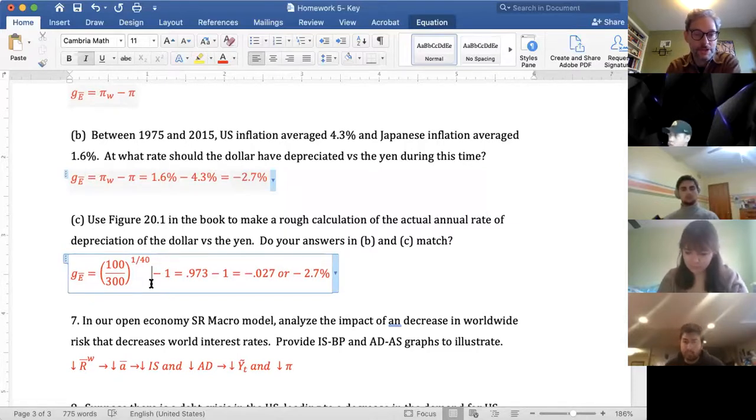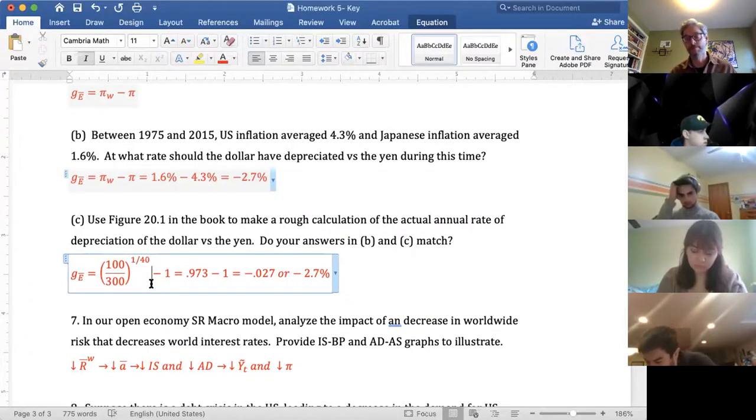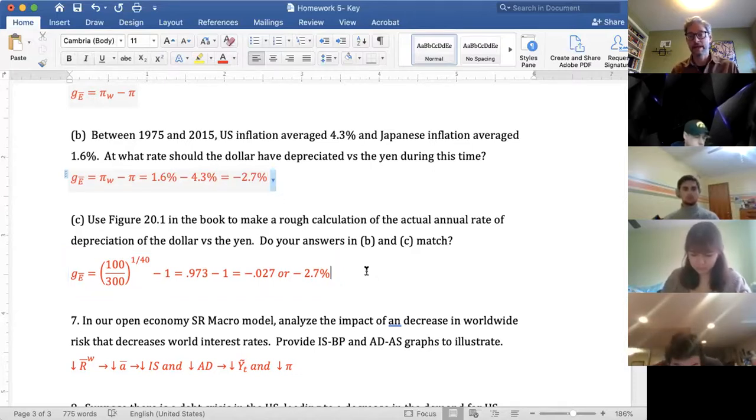But if you just see how much the exchange rate changed over the 40 years using our implied growth rate formula, you see it's almost exactly the rate that the nominal exchange rate did depreciate. Almost exactly. So once again, purchasing power parity explains the relationship between inflation and changes in nominal exchange rates very well over the long haul. Not necessarily in the short term, but in the long term.